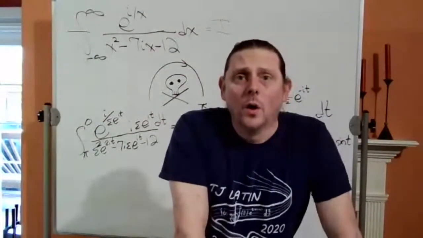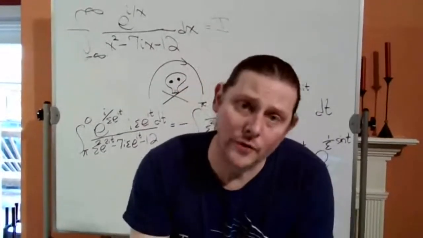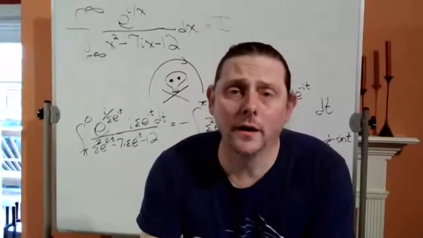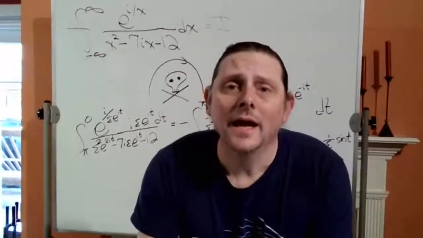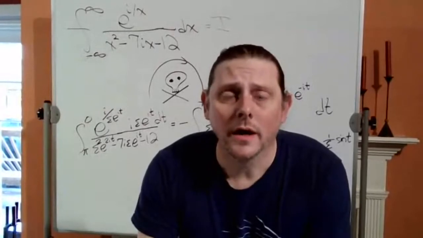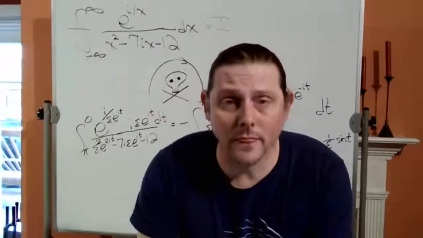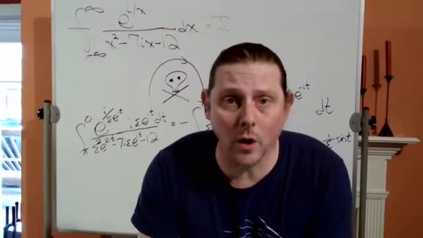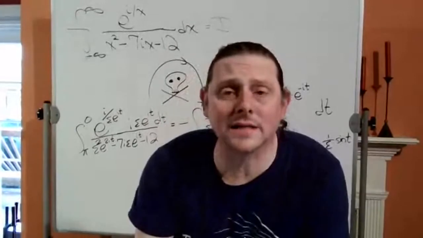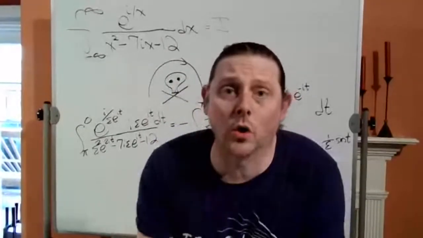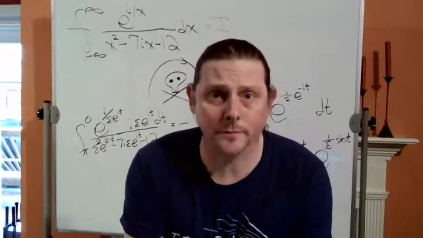I mean, think about it. What if epsilon was 0.01? So then it would be 0.01 times e to the 100th power. e to the 100th power is significantly larger than the reciprocal of 0.01. Okay? And that process gets worse and worse as epsilon gets smaller and smaller.